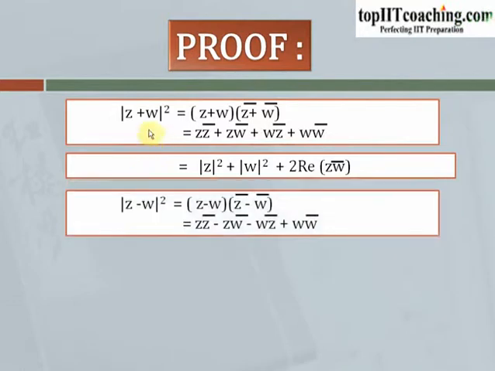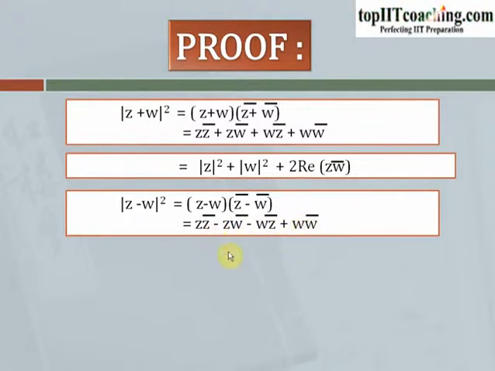Now let's look at the value of modulus of z minus w whole square. We can write it as z minus w into z conjugate minus w conjugate. We use the same logic as we used here. Again, we multiply both these factors. What do we get? z into z conjugate minus z into w conjugate minus w into z conjugate plus w into w conjugate.